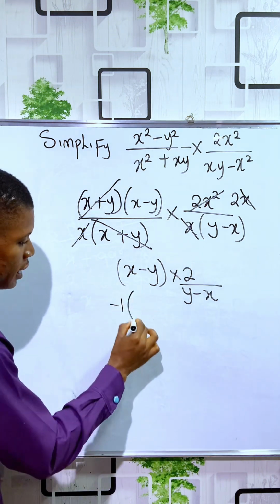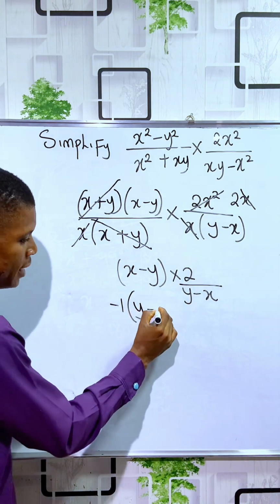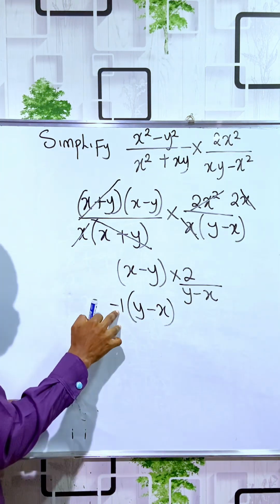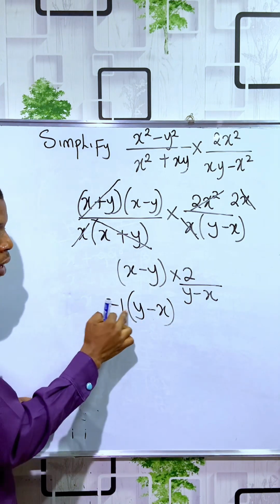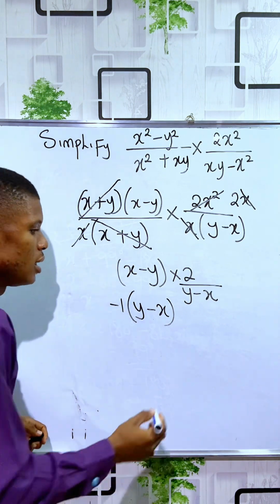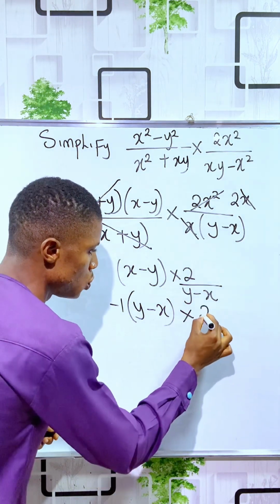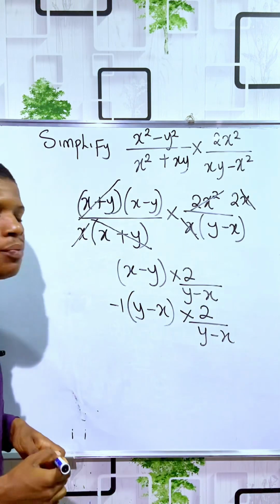If I factor out a -1 here, I'm left with y minus x, because -1 times x is minus x, and minus times minus y is y. So nothing changed. They're multiplied by 2 over y minus x.